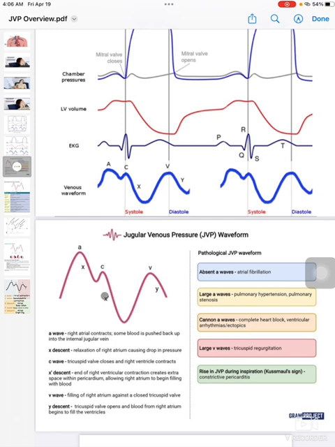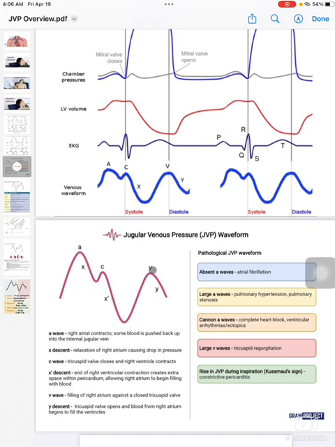This extra space allows the right atrium to expand and begin filling with blood. This initial phase of atrial filling results in a drop of venous pressure within the superior vena cava and inferior vena cava, producing the second part of the X descent.